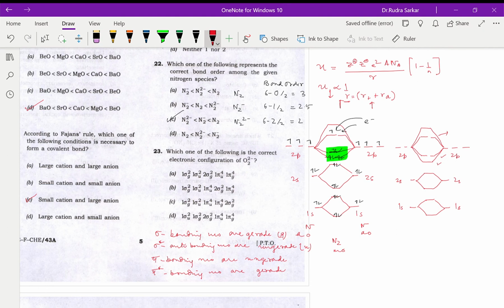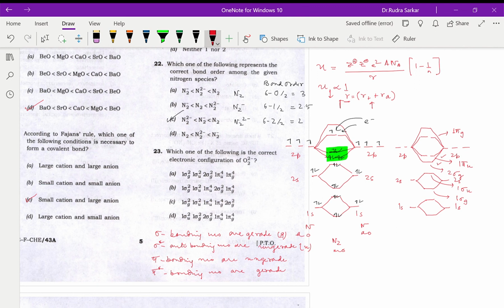So I will say this is 1 pi g. This is pi bonding, so I will call this 1 pi u. And then we have the 2 sigma g, and this is the 1 sigma u, and that is the 1 sigma g. So we have to fill up now 16 electrons.